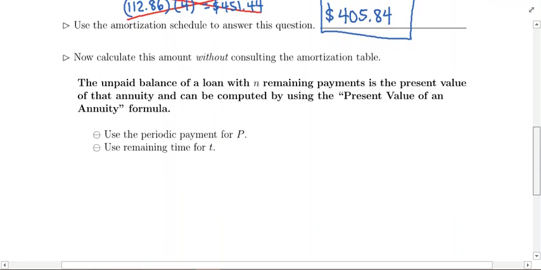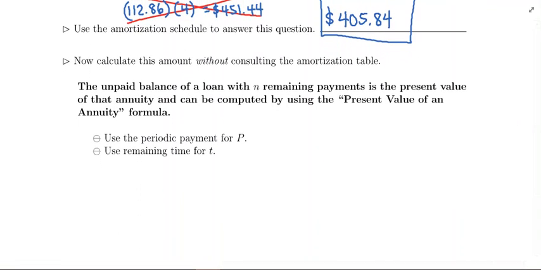If we look at this next bullet point, it says the unpaid balance of a loan with remaining payments is the present value of that annuity and can be computed by using the present value of an annuity formula. You're going to use the periodic payment that you've been making for P. The big thing to know is you are going to use remaining time on the loan.